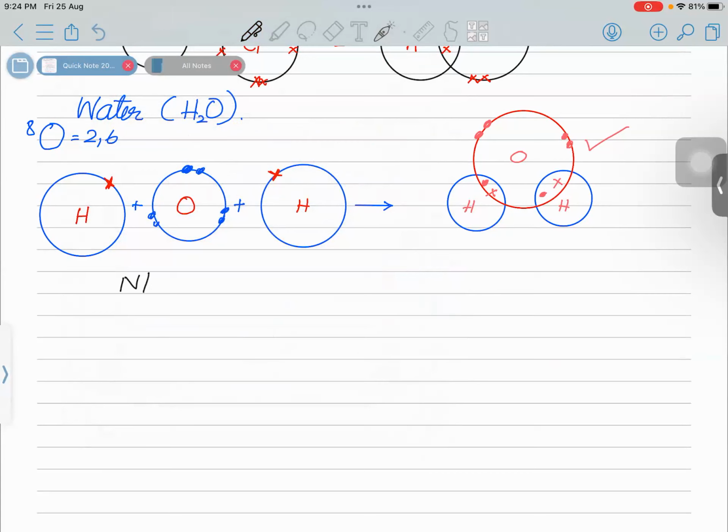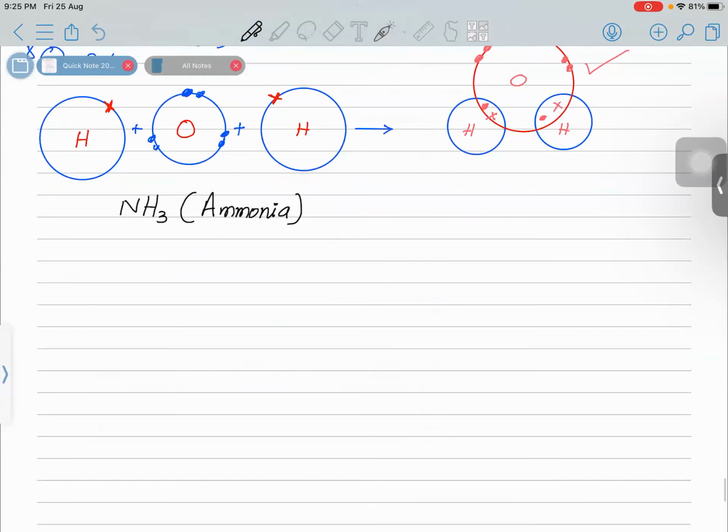Next molecule is ammonia. The symbol of ammonia is NH3. So how many nitrogen and hydrogen? 3 hydrogen, 1 nitrogen, right?